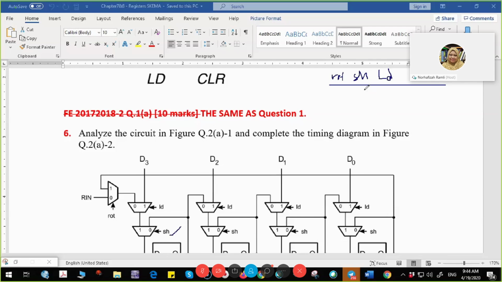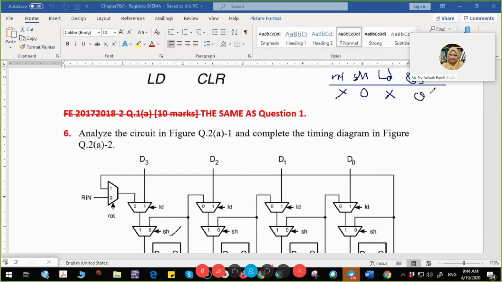If the shift is 0, it will definitely take from here, so it will not look at all. So regardless of this, your Q3 and so on will be what? No change, right?